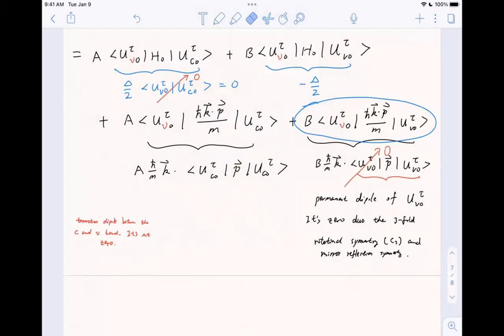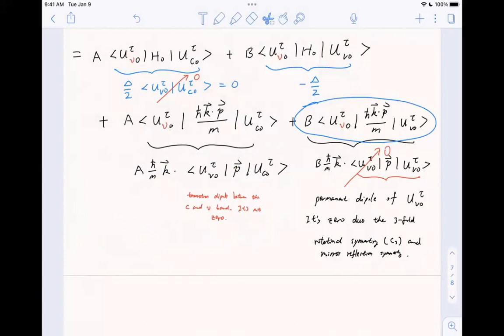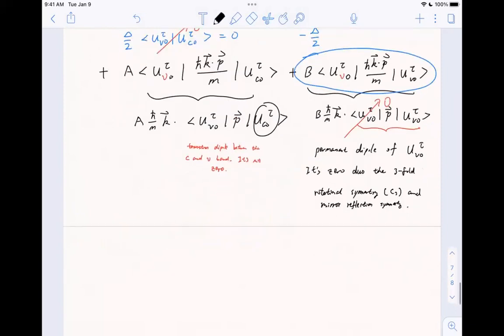This one is the transition dipole. This transition dipole is now from conduction band to valence band. It's an emission. So it's not 0.